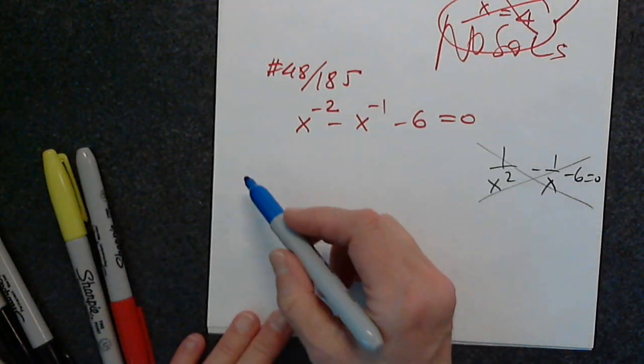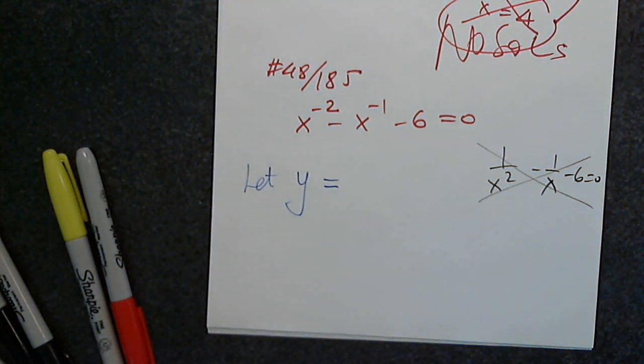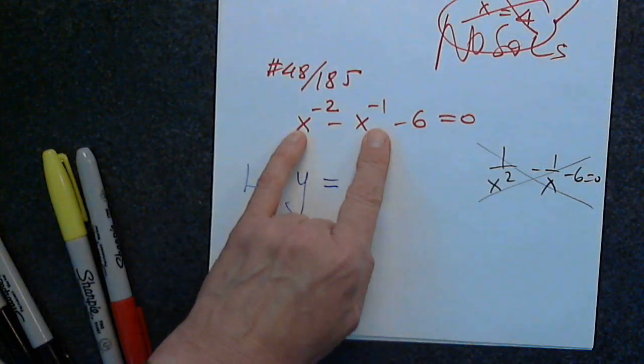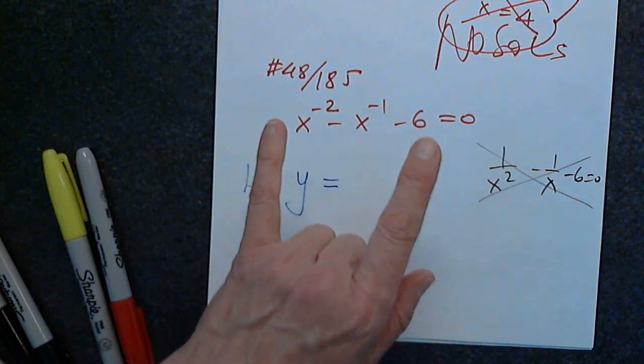What will I say? Let y be, in case it's quadratic in form. Which one? Let y be, what do you think? It's one of these two. But as long as the other one is y squared.